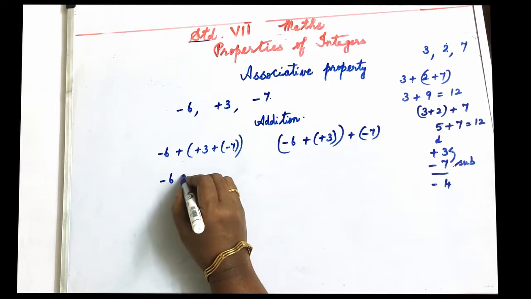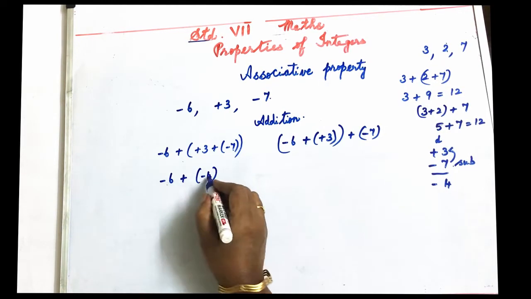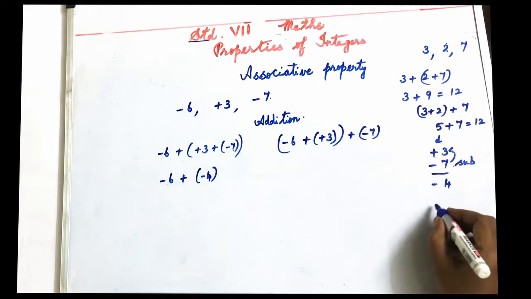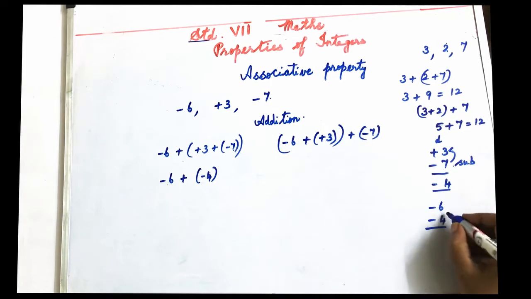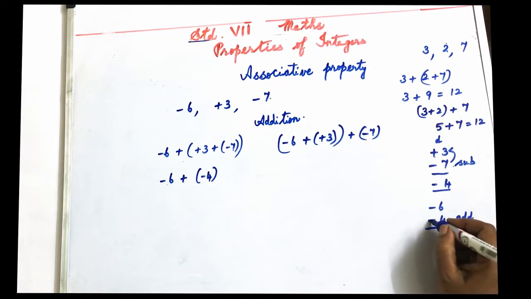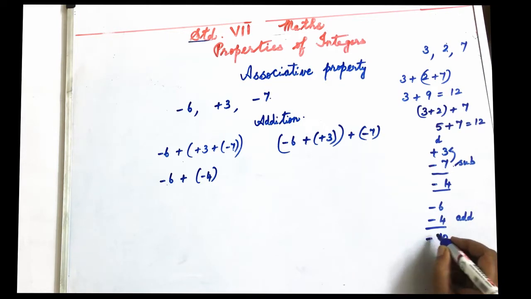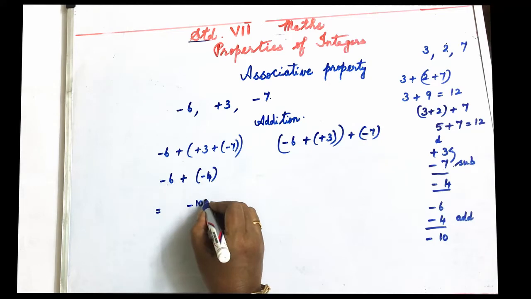So here we will get minus 6 plus minus 4. Again we should add these two numbers. So minus 6, then minus 4. Signs are same, so we have to add. 6 plus 4 is 10. Minus sign, here also minus sign. So we have to write minus sign here. So this becomes minus 10.